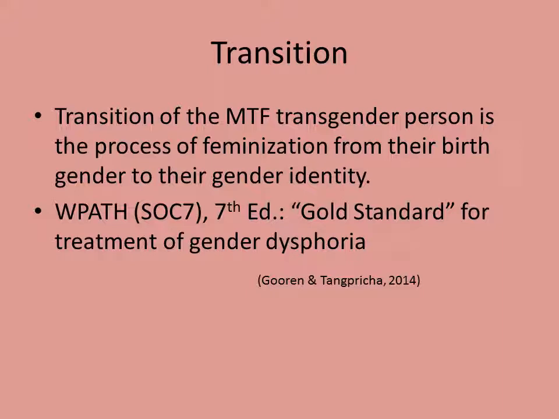The seventh version of these standards, SOC 7, was published in 2011 and is considered the gold standard for treatment of gender dysphoria. Within those standards, it states that hormonal and/or surgical treatments may be medically necessary to alleviate gender dysphoria.